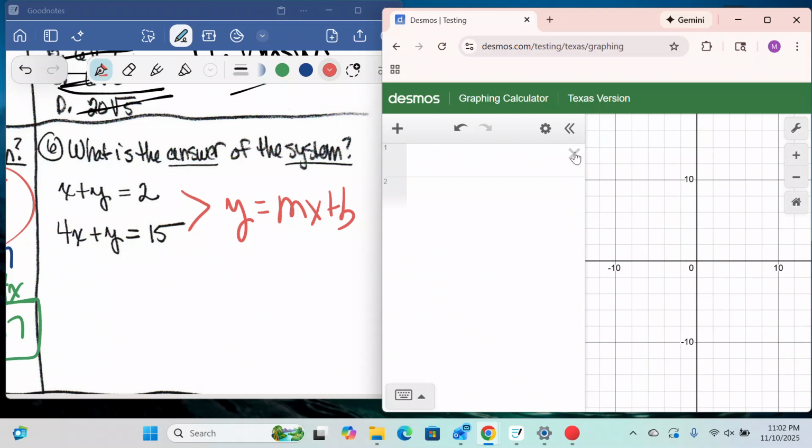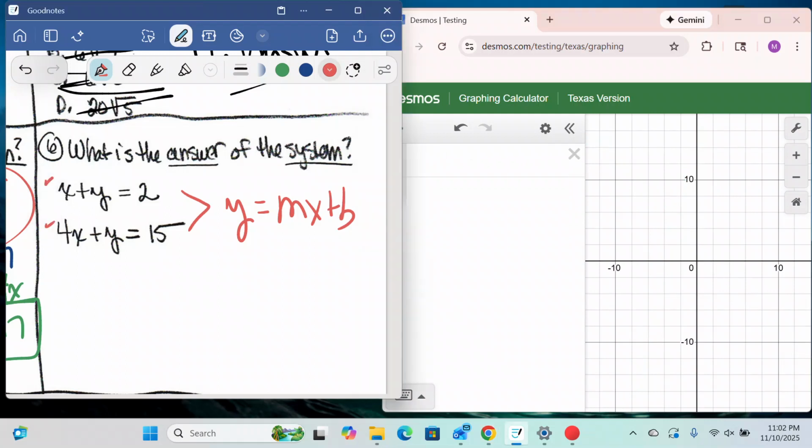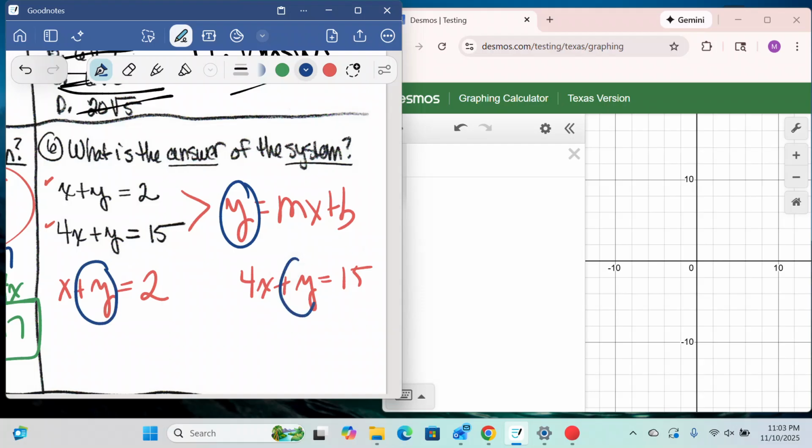I'm going to rewrite each equation: x plus y equals positive 2, and 4x plus y equals 15. And remember, I've got to solve for y. It's got to be in y equals mx plus b. So I'm going to circle here, circle here, and do railroad tracks on both.